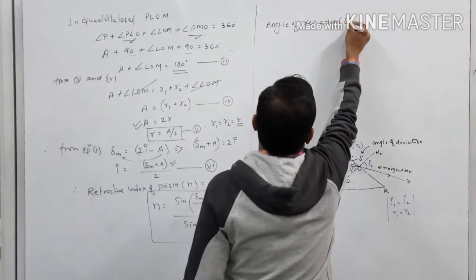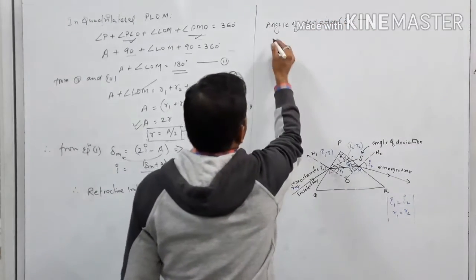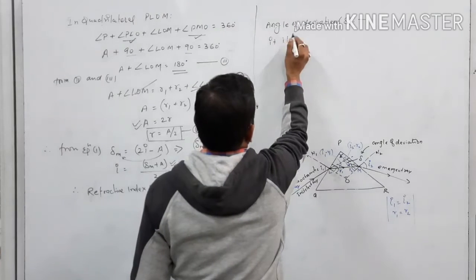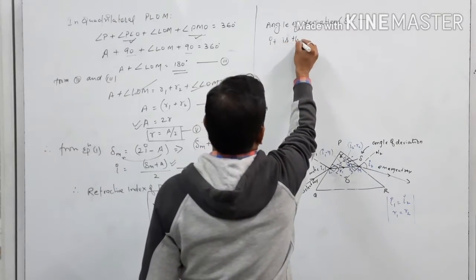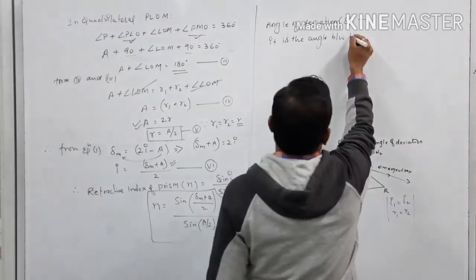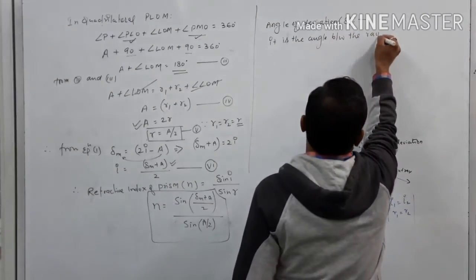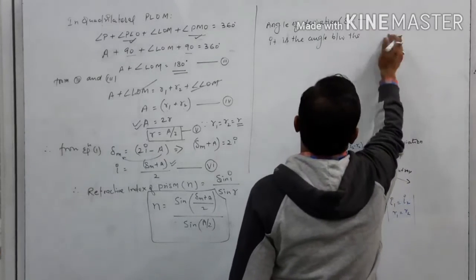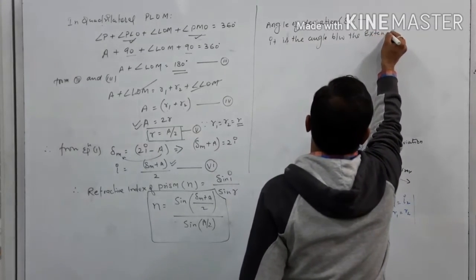The angle of deviation is the angle between the extended rays.